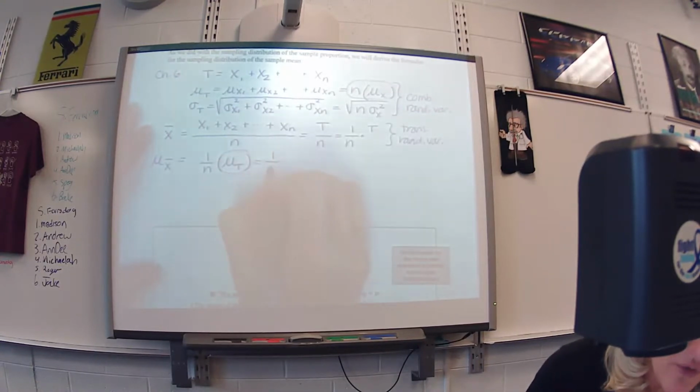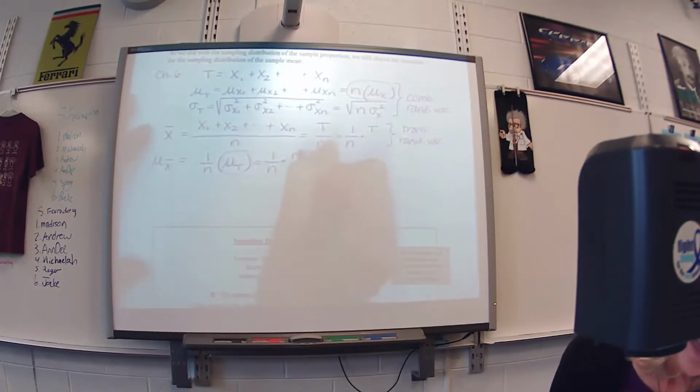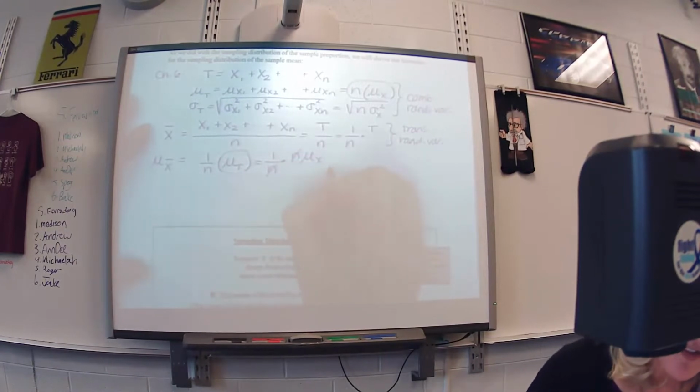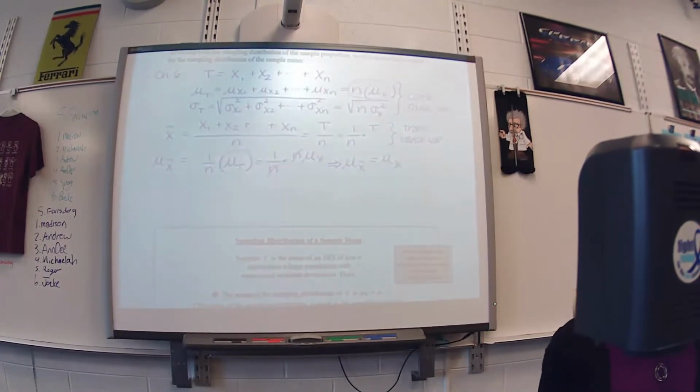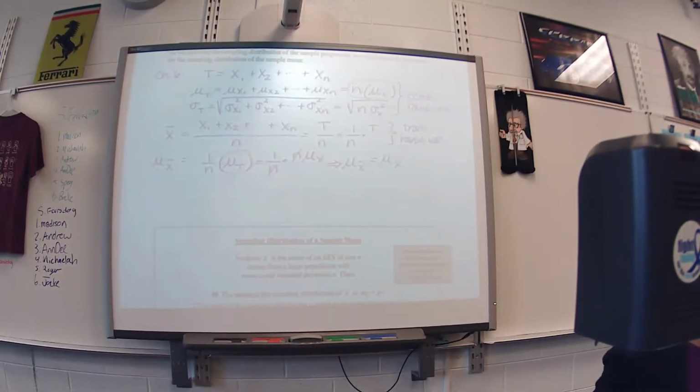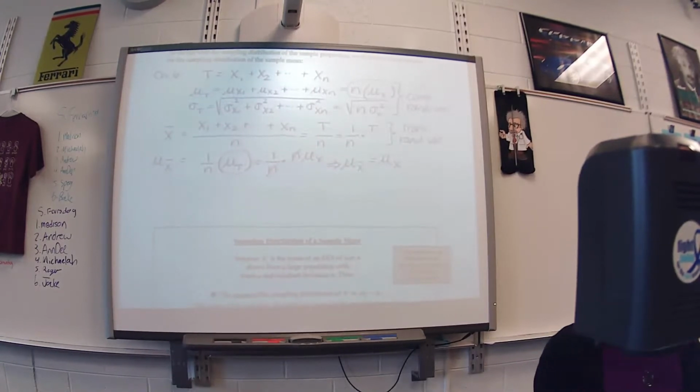So we get 1 over n times n times mu sub x, and the n's cancel. And we have algebraically established why mu sub x bar should give us mu for the population. It's pretty amazing, really.